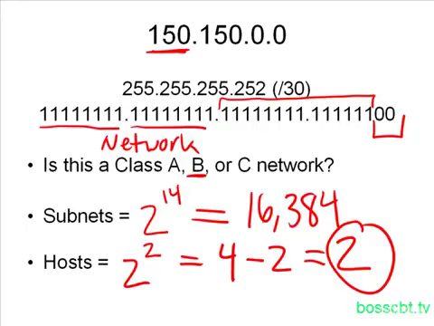So here, we're creating many subnets, but each one is very small. In fact, we only have 2 IPs we can actually use to assign to devices in each one of these subnets.